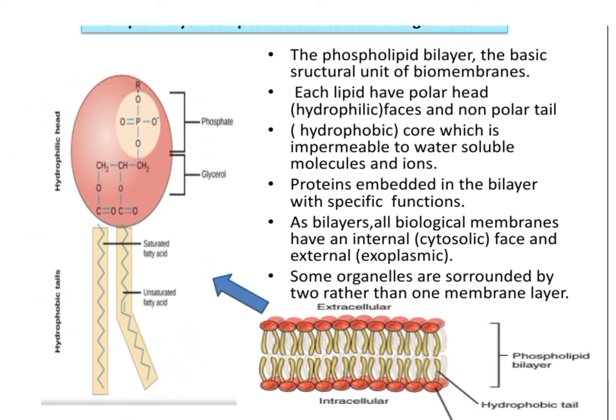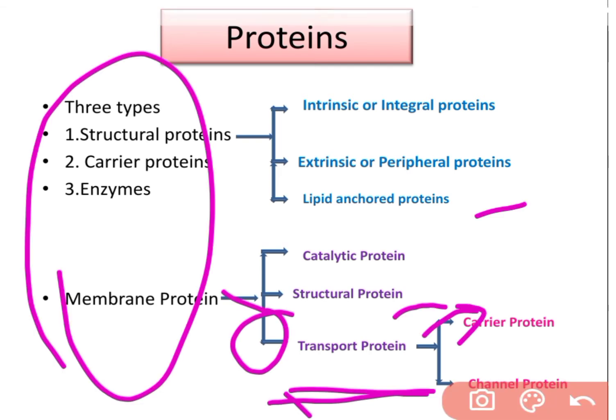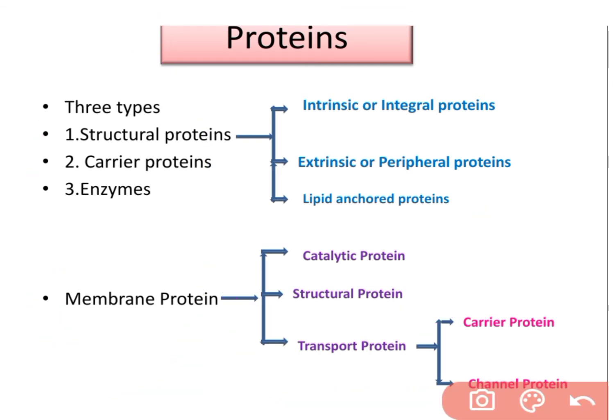Then coming to the next slide, protein components. There are three types of proteins: structural proteins, carrier proteins, and enzymes. Structural proteins are again divided into intrinsic or integral proteins, then extrinsic or peripheral proteins, and lipid anchored protein.